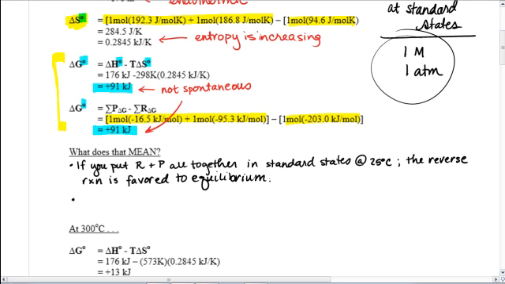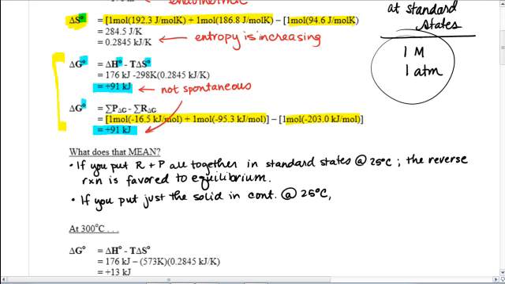All right, another what-does-it-mean is if you put just the solid in a container at 25 degrees. So we don't put any gases, we just put ammonium chloride in a container. And here's what I want you to understand.